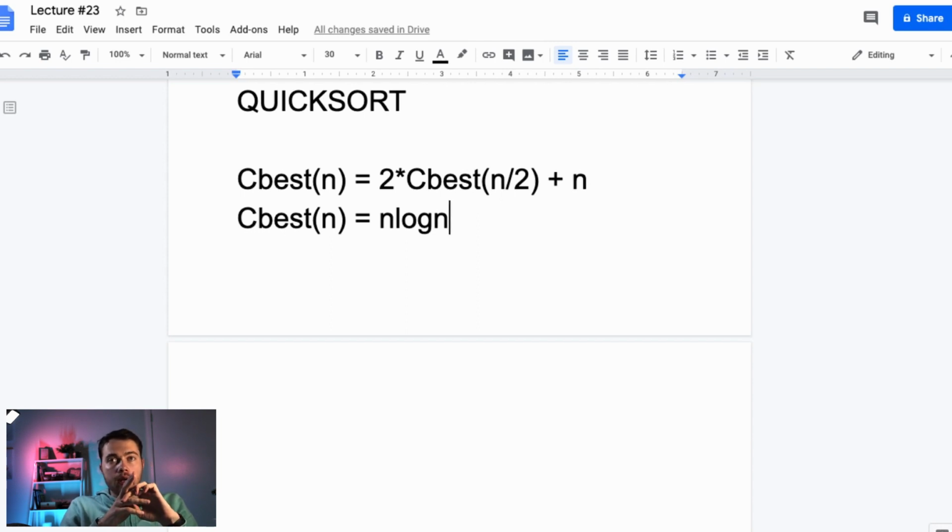All the sorting algorithms we've seen so far have n log n. Bubble sort has n squared. This one has n log n. And if you take a look at C average, we're going to have 1.3 n log n. So that's why it's the best. Take a look at the worst case scenario. Okay, I'll see you guys next time.